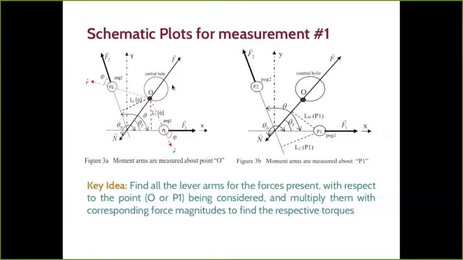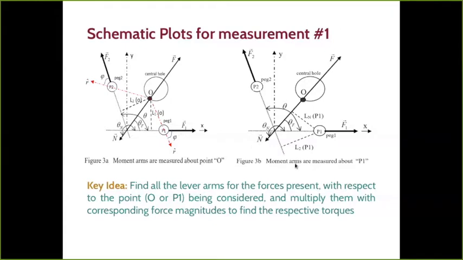So in this picture over here, we have considered this point O as our point of reference or rotating axis. So we have drawn lever arms with respect to O for the forces involved. In the second case, we have considered P1 as our point of reference or rotating axis, and we have drawn lever arms from P1 onto our forces concerned.